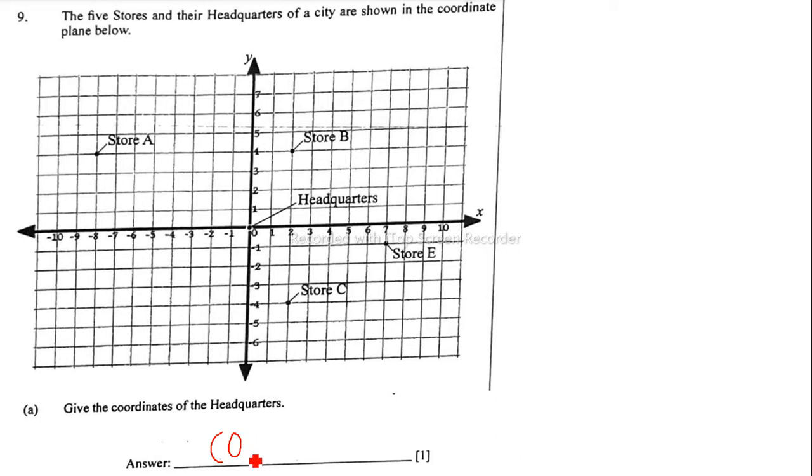The reason I'm looking for 0, 0 is because it's a coordinate. It has an x coordinate and a y coordinate. So 0, 0, that's the headquarters right there, the point I'm going to highlight in red. That's the coordinate of the headquarters, 0, 0.